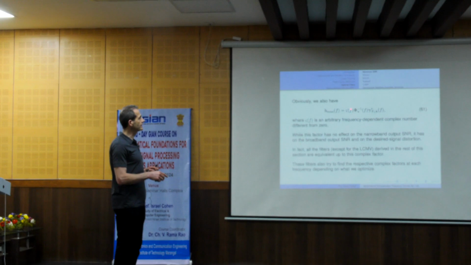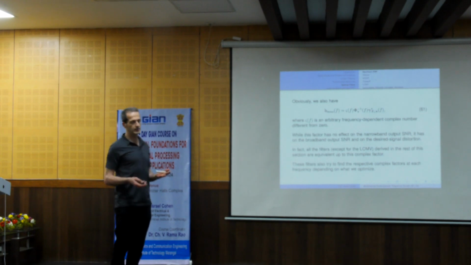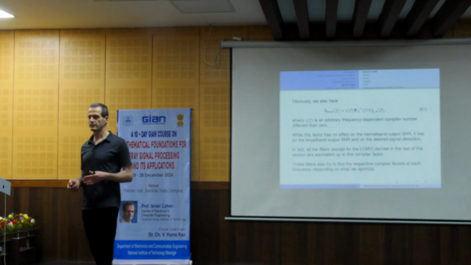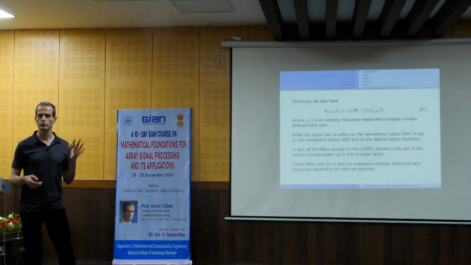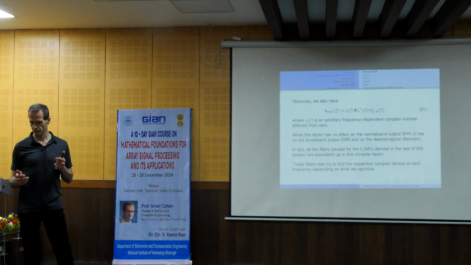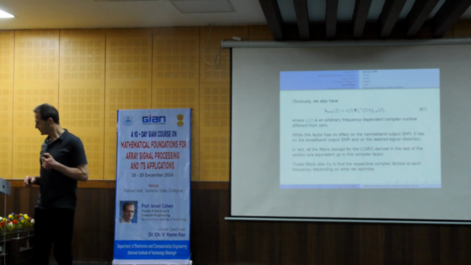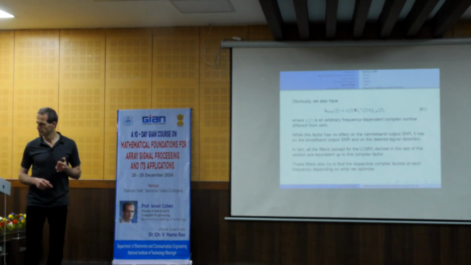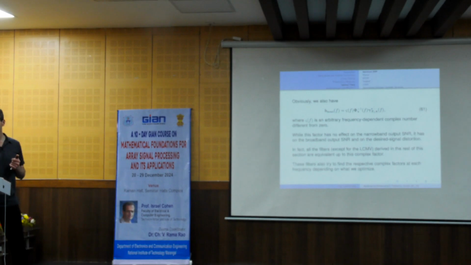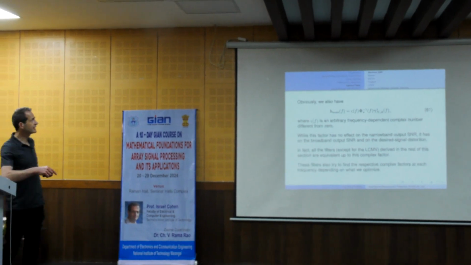So any arbitrary numbers which are different than 0, we will get maximum SNR because it will generate the output SNR which equals lambda 1, the first eigenvalue. Okay, so we will continue with optimal filters in the multi-channel.